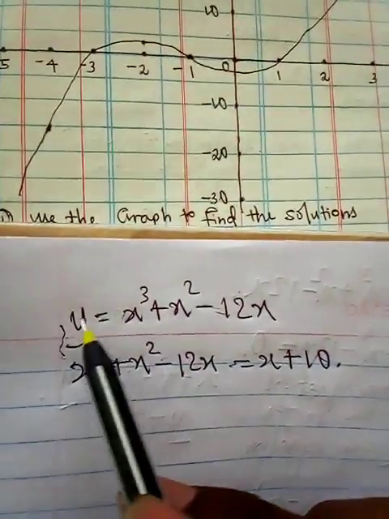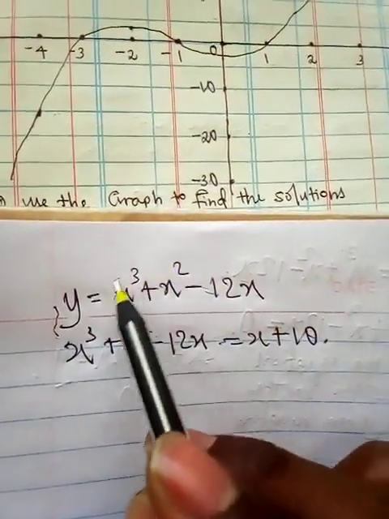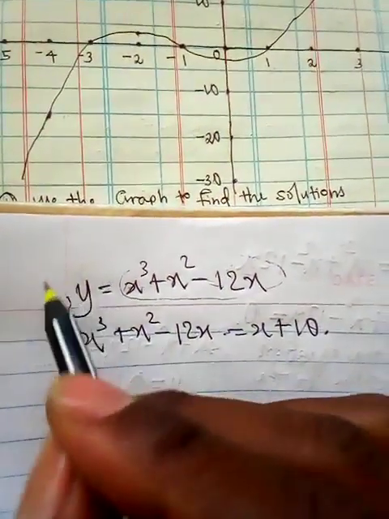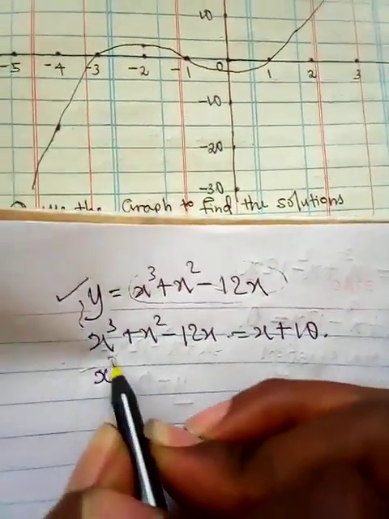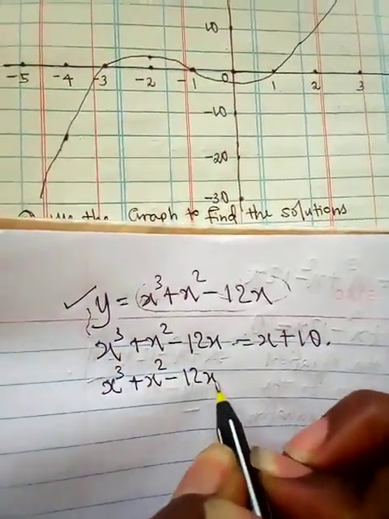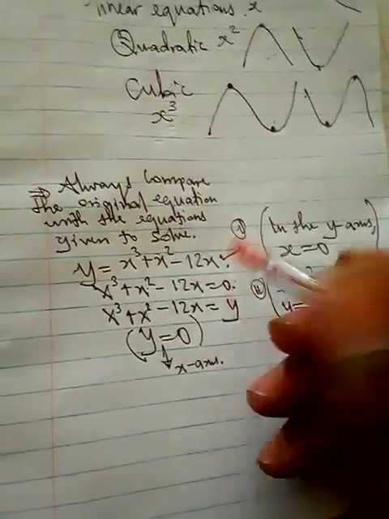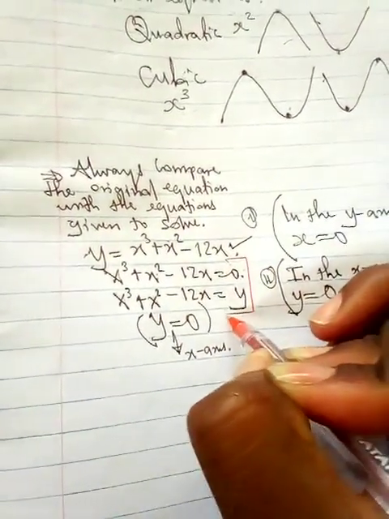Again, I can try to write this in this form, where I'll try to make y the subject of the formula. So if I rewrite this one down here, this is going to be x to the power 3 plus x squared minus 12x is equal to y. Now, big difference here. When we had arranged, we saw that y was just equal to 0.